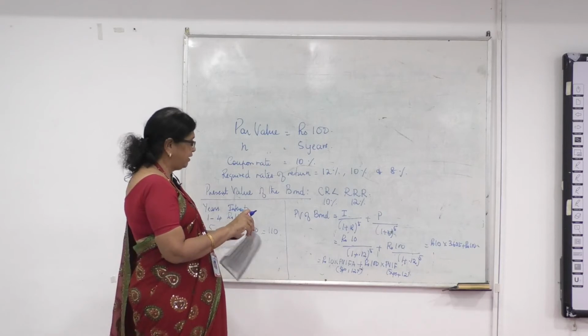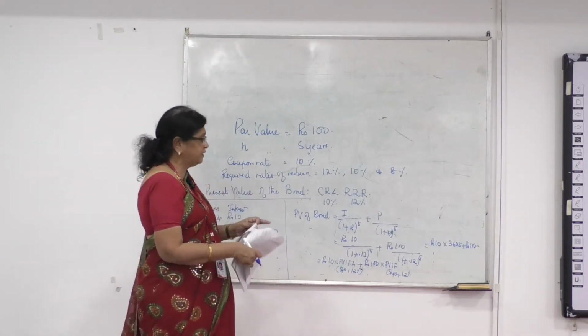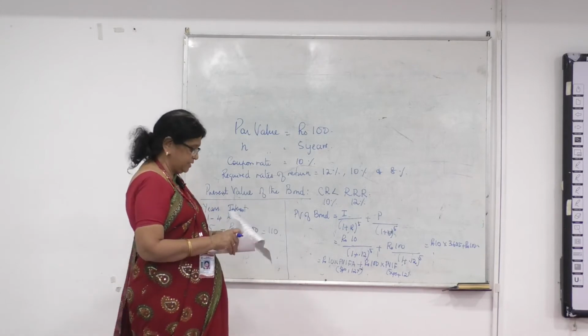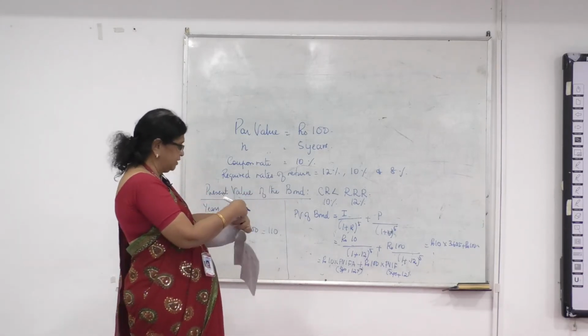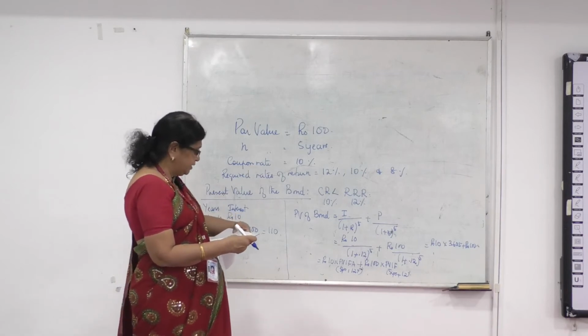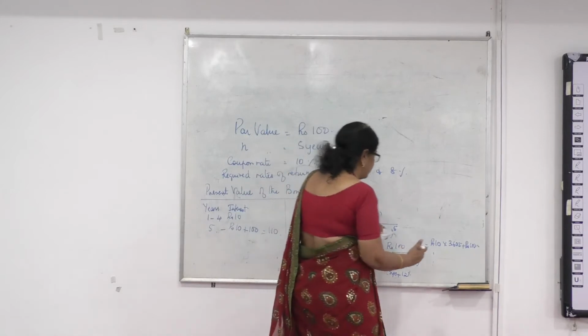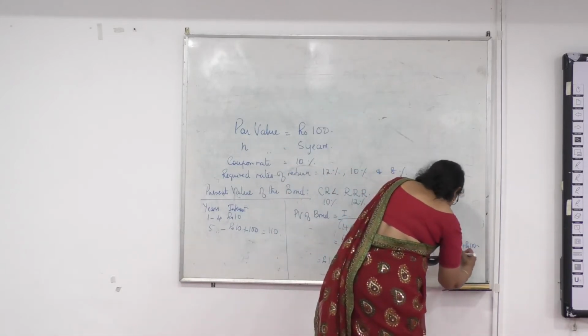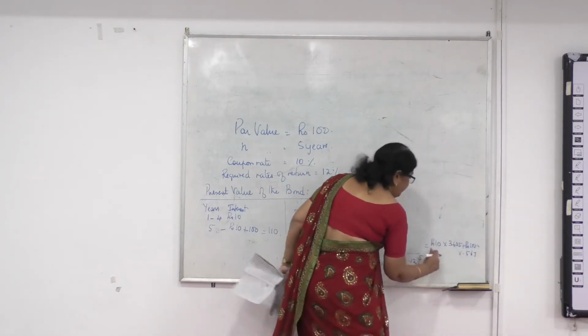Now I have to pick up this discount factor from the PVIF table. How do I do that? I will have to travel along the 5-year line and pick up the discount factor that is given under 12%, as you already know. So for the 5th year, the discount factor as given under 12% is 0.567. Now let me multiply this.